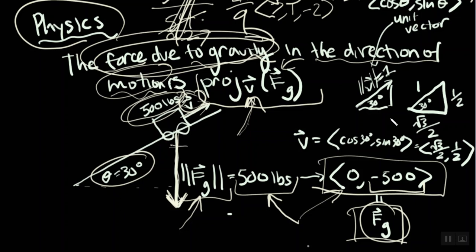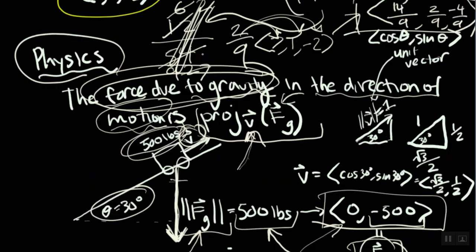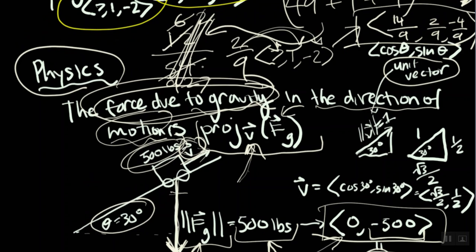So in this case, I want to find something called a unit vector. A unit vector is any vector with a norm or magnitude of 1. So in this case, you can think of this as 1, and we know that the angle is 30 degrees. So how do we find the x and y component? Well, this is a 30, 60, 90 triangle, and from geometry class, you should know that the side that is opposite of 30 degrees will be half of the hypotenuse.